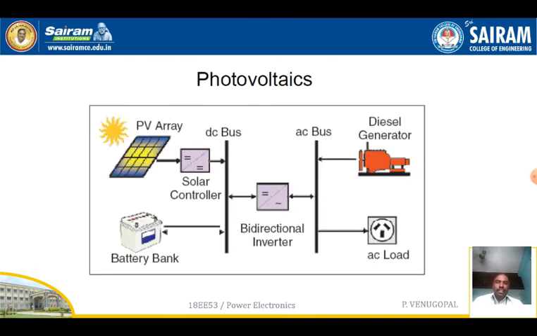Later is photovoltaics. We can use power electronic systems with the DC bus, the AC bus and a diesel generator. Photovoltaic systems are composed of devices like the PV array, DC bus, AC bus, diesel generator, etc.